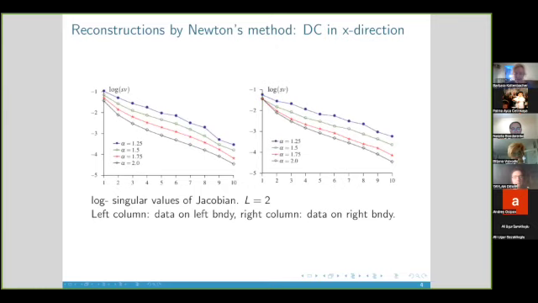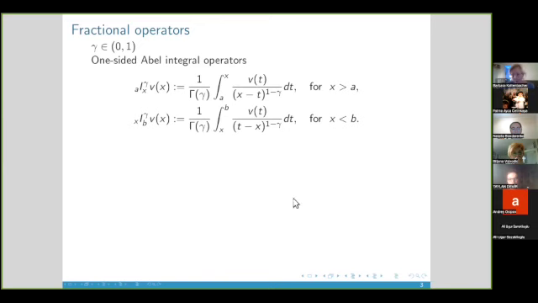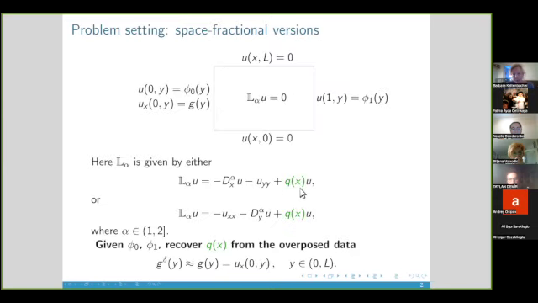Before going to a bit of theory, namely about uniqueness, let's have a look at reconstructions. Let me mention that trying to recover q(x) in one of these PDEs from this overposed data is a nonlinear inverse problem. Although the forward problem is linear with respect to the solution, it is bilinear, so to speak, with respect to q and u. From this, it results in a nonlinear inverse problem.